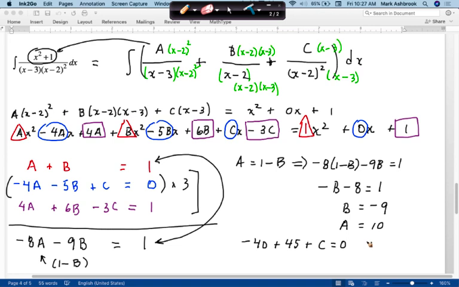Yeah, right? So then we go back to this. Now you plug your A of 10 in here, negative 9 in here, and negative 5 here.